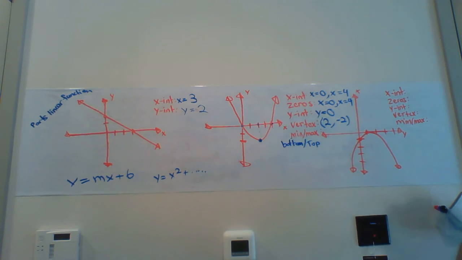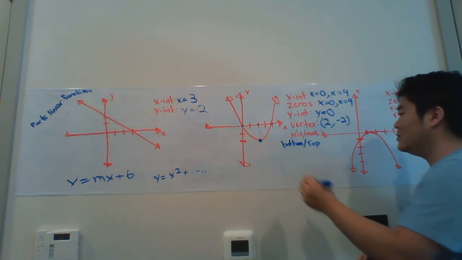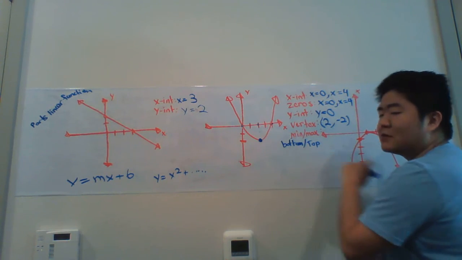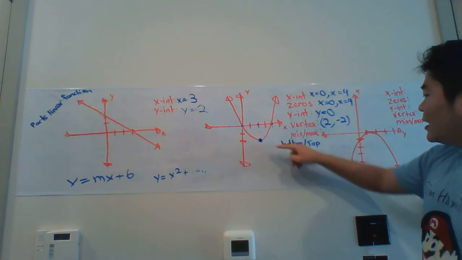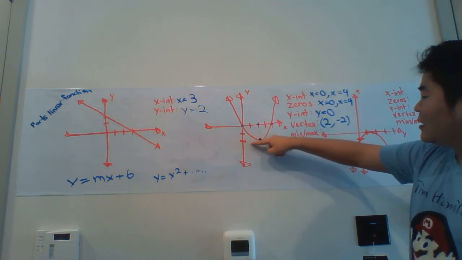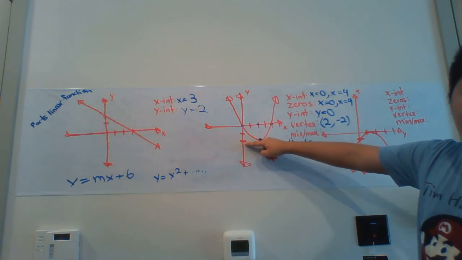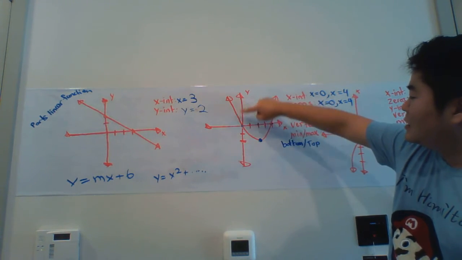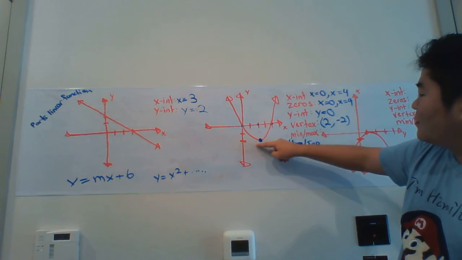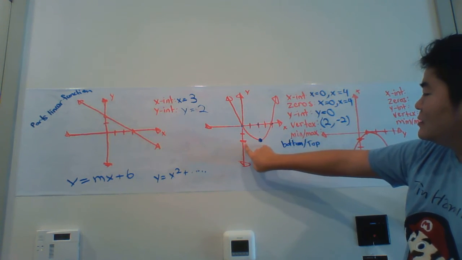So what is the max or the min? Well, in this case, first of all, it's a minimum because we're on the bottom, right? If it's on the bottom, I'm just looking at the value of the function at that point. So I'm going to look at my y-axis, and I'm going to look at where it hits on the vertex.